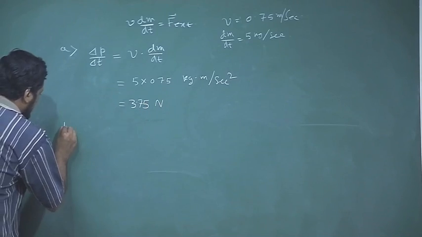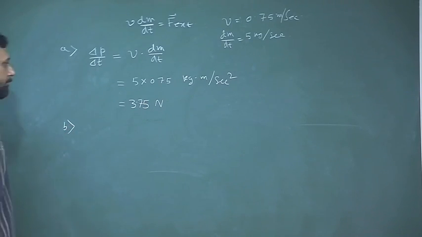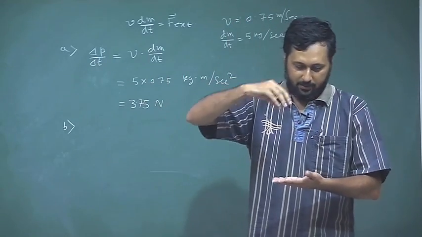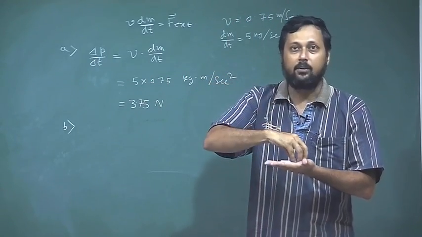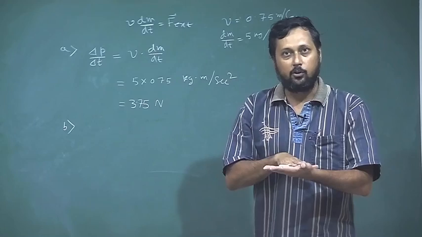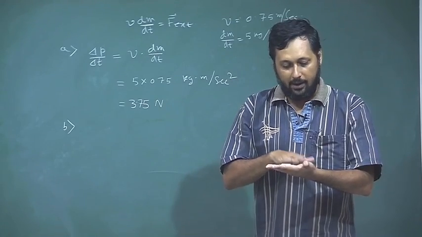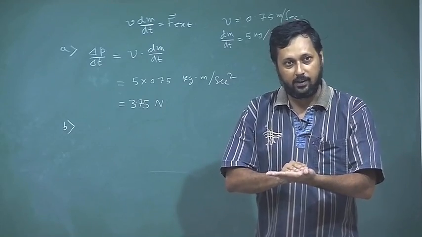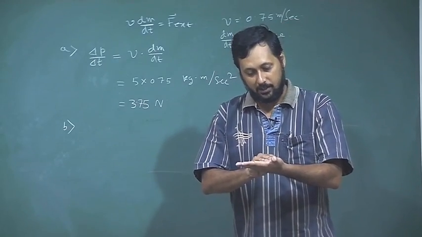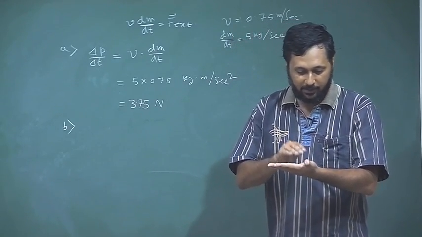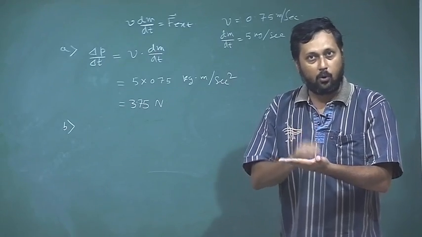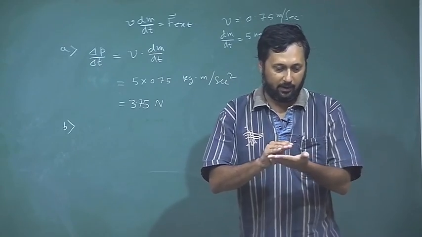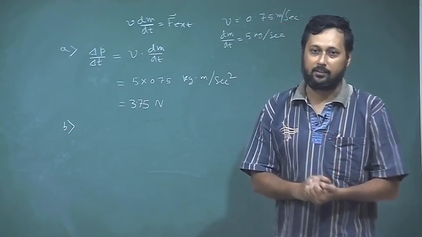Now, in part B, we have to calculate the force of friction. Please understand this: as the sand from the hopper hits the conveyor belt, the sand does not move anymore. This can happen if and only if the frictional force exerted by the conveyor belt on the sand is exactly balanced by the force acting in the horizontal x direction.